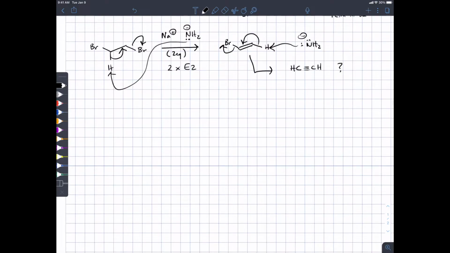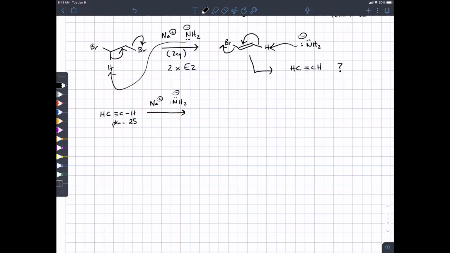Now you might ask, why would we bother generating alkynes? And the answer is, alkynes are starting materials for one of the only carbon-carbon bond-forming reactions that we know of. If I use a base that's strong enough, and again, sodium amide is usually the base of choice, the pKa of a proton attached to an alkyne is 25.